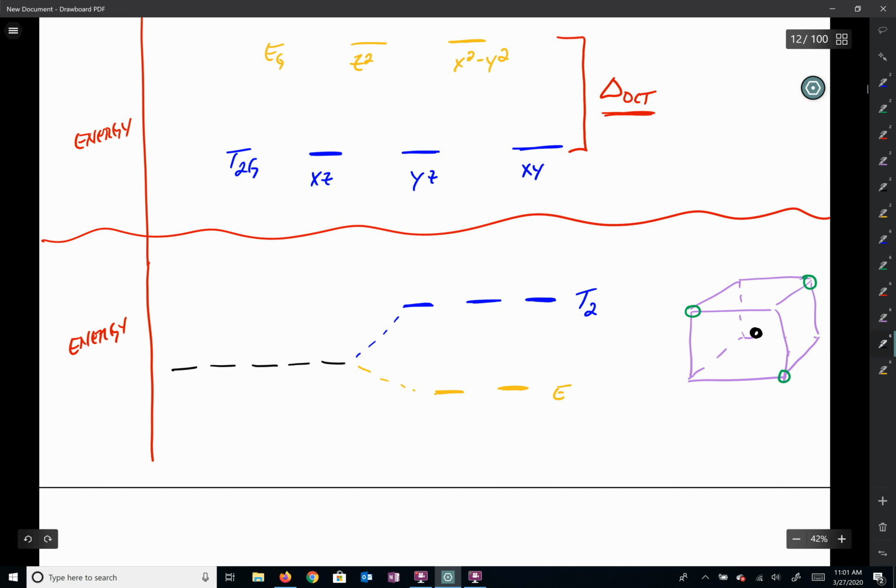Right, so the metal is directly in the middle of this cube, and my ligands are on the four respective corners of the cube. Now you're like, how in the world is that tetrahedral? Well, trust me, it is, okay?